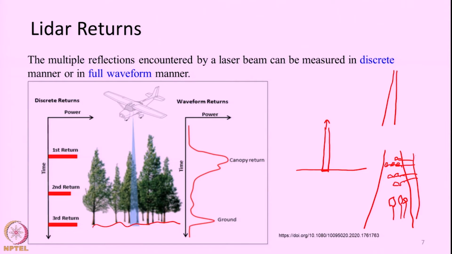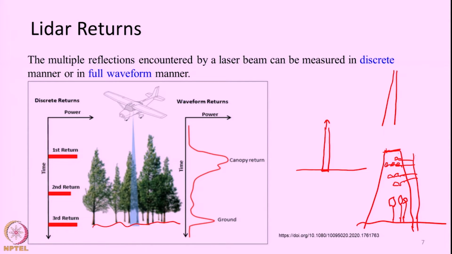So what will happen? This is the beam of the laser, and this is the terrain. Within this beam, there will be light photons present continuously everywhere, and many different scattering elements.